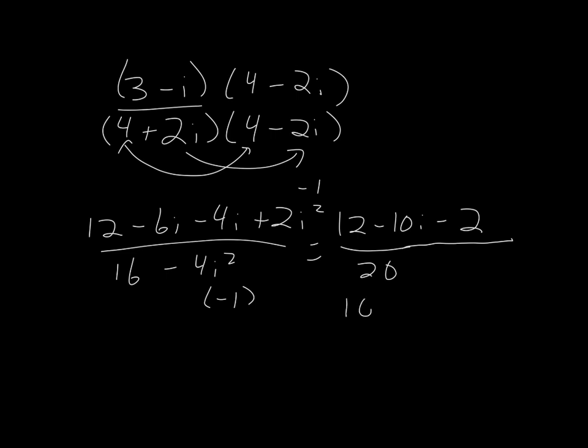So we have 12 minus 2 is 10, minus 10i over 20, which then reduces to, if I divide both numerator and denominator by 10, 1 minus i over 2. You can rewind and look at this as many times as you like, but this is the way division works with complex numbers.